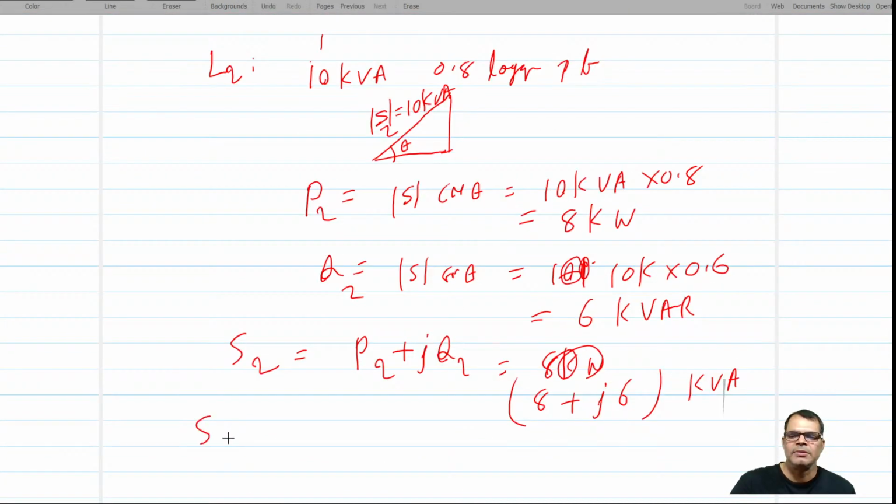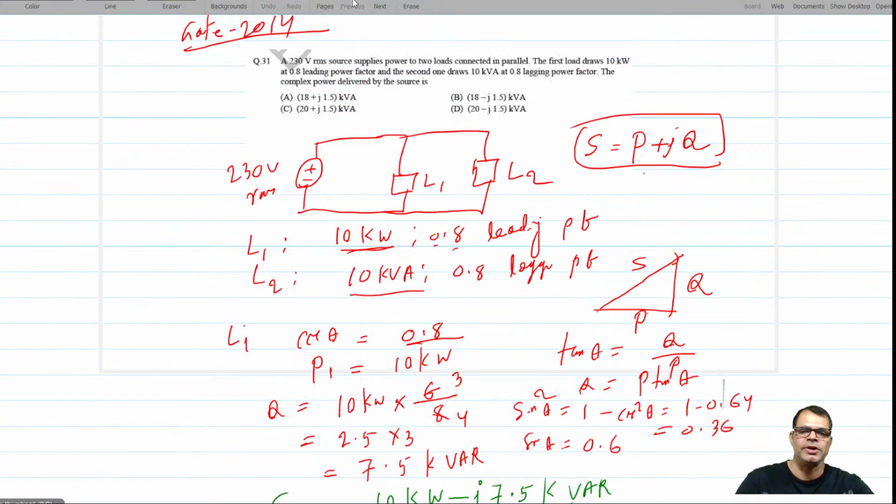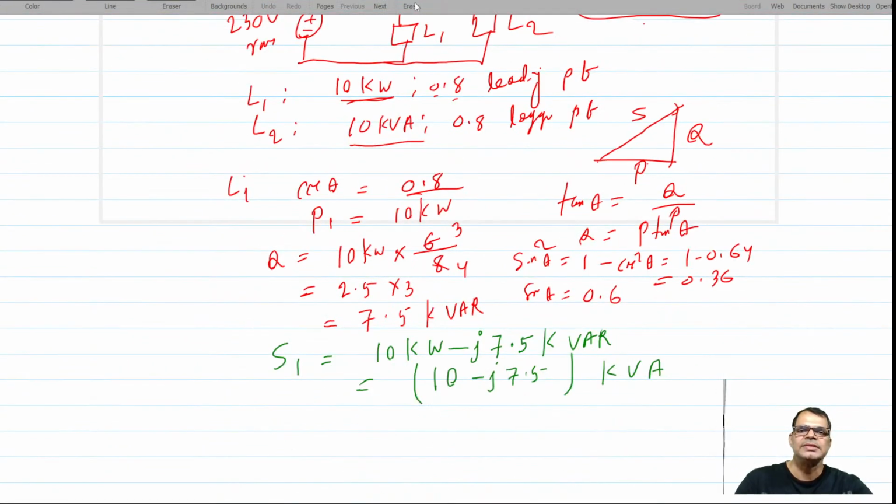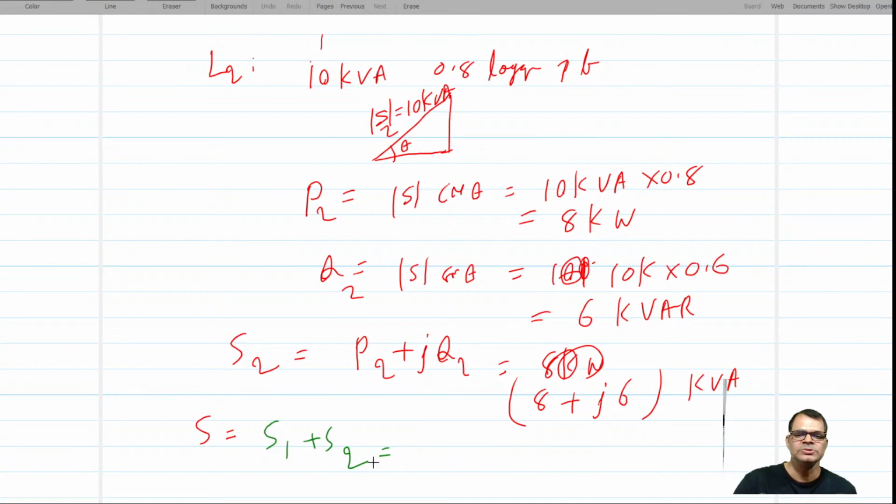Complex power delivered by the source S is equal to S1 plus S2, and we have calculated on the previous page S1, that is 10 minus j 7.5 kilovolt ampere, and this one is 8 plus j 6 kilovolt ampere.